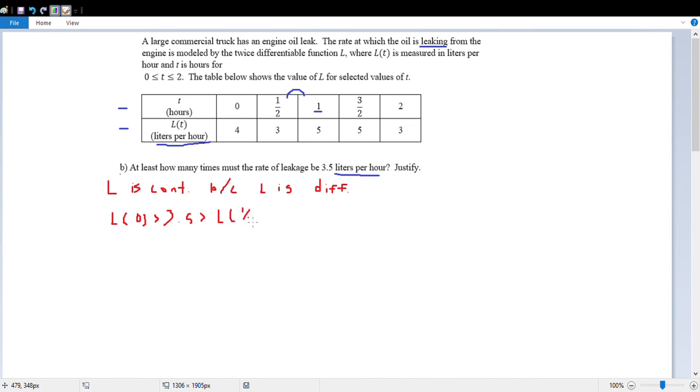Okay, that's one place. Is there another place that we could make the same kind of sandwich here? Sure can. Let's keep going with the L of 1/2. Well, that's less than 3.5, which is less than L of 1.